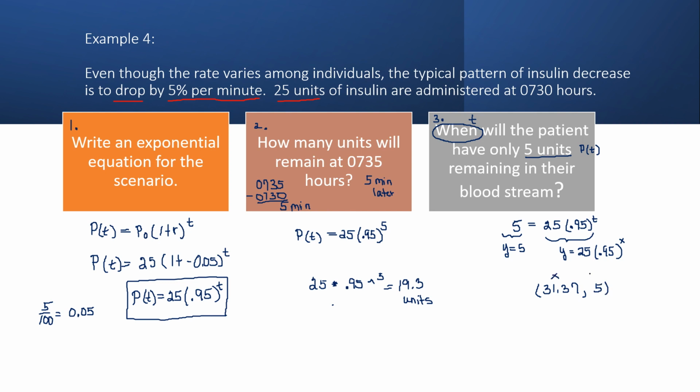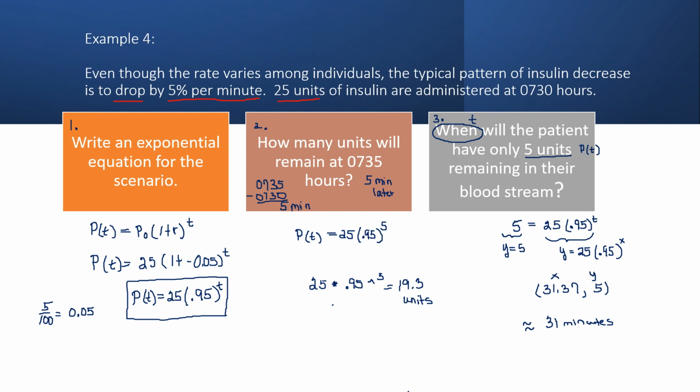This is the x, this is the y, and so the time is about 31 minutes. And again, round based on the directions in your homework. There's no rule to memorize with the rounding.